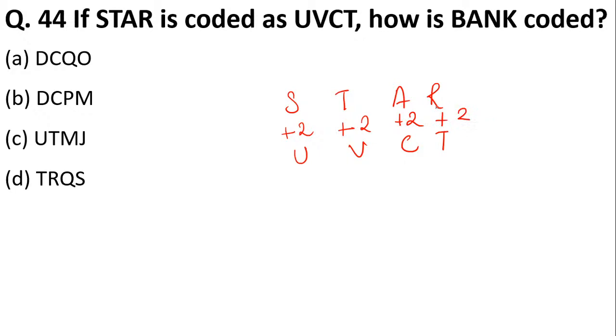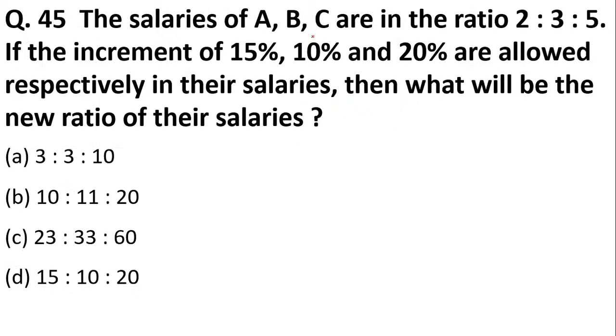Okay, 2 is added on all the letters. So you will get, after B if you add 2, D, C, P, M. Right answer is B, D, C, P, M. We will add plus 2 to all these letters. Each letter we will add plus 2 and then we will get our another term.